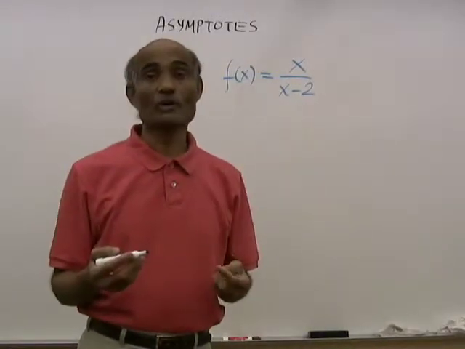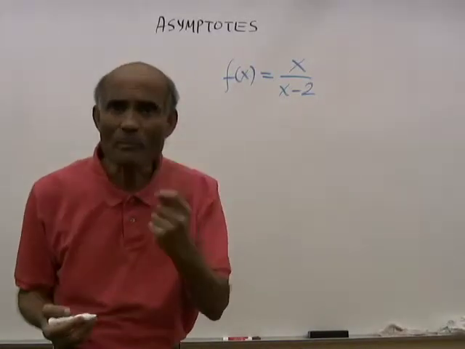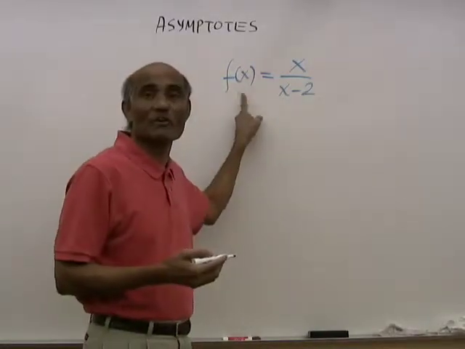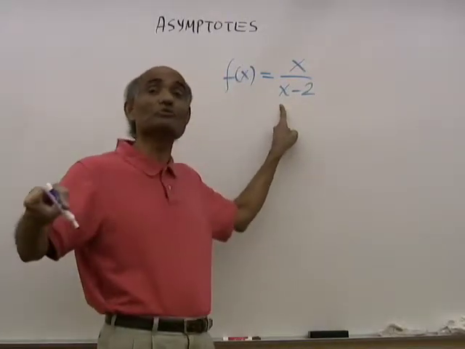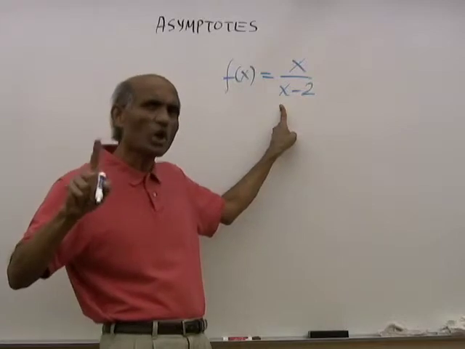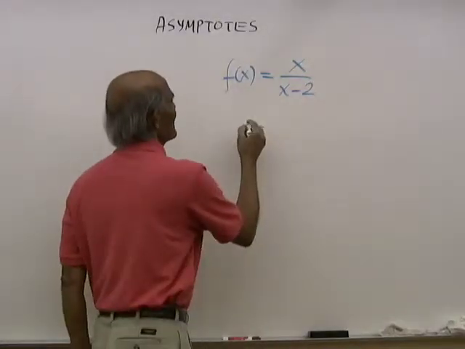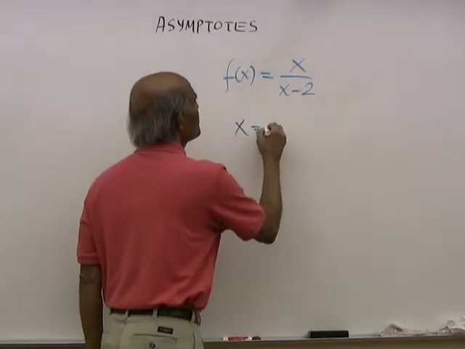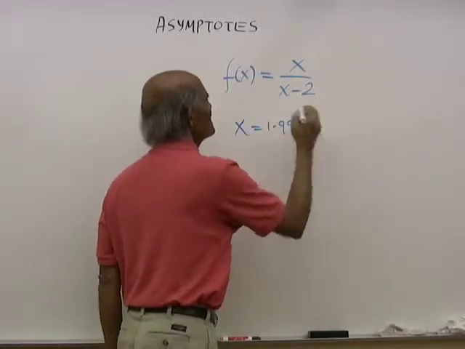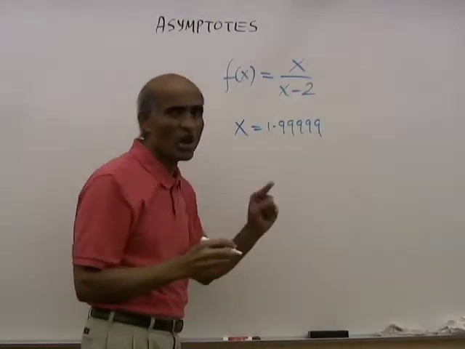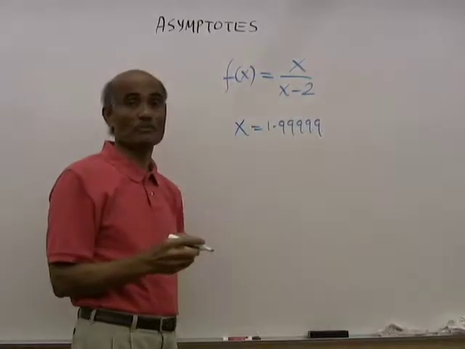Therefore, it is of interest for us to find out what happens to this function value as x gets closer and closer to 2. For example, let's say x equals 1.9999. x is not 2 yet, but it is getting very close to 2.